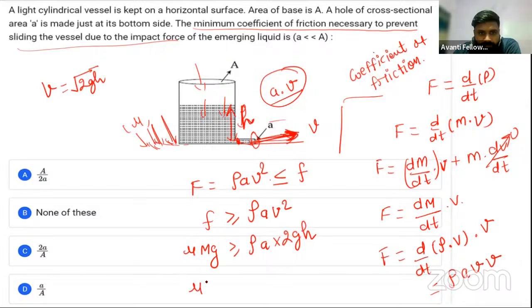Now mass you can write as rho, volume, which will be area capital A into height h up to which this liquid is filled. On the next page I will do it. So it is mu m g. M you can write as density into volume.